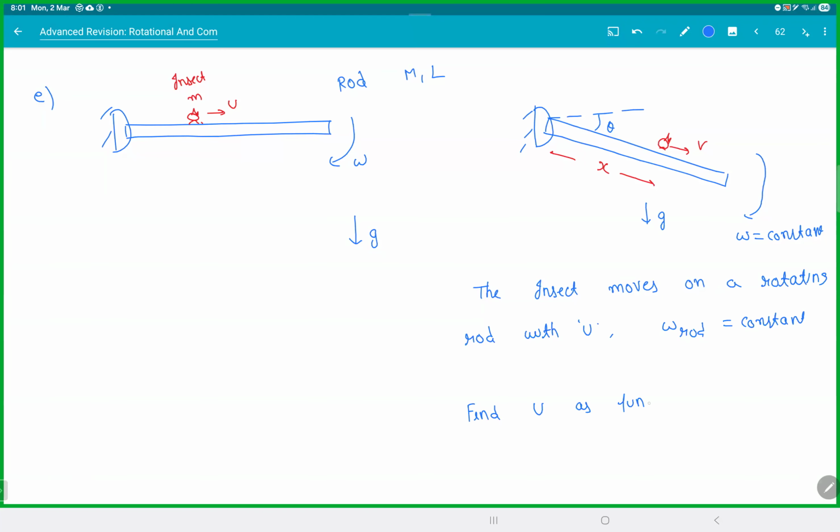So something is happening because of the insect going. We have an insect crawling on a rod with speed u along the rod. The rod started with omega, and for some reason, the rod maintains that omega. Find the speed of the insect as function of x and theta.